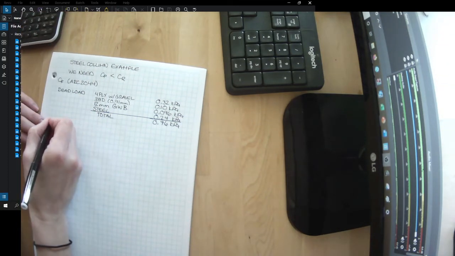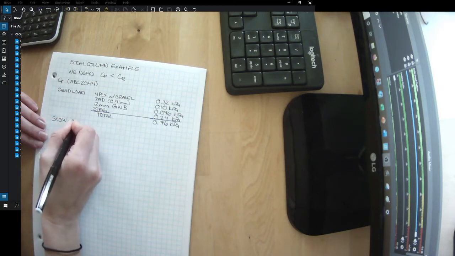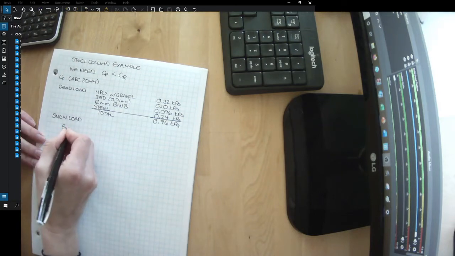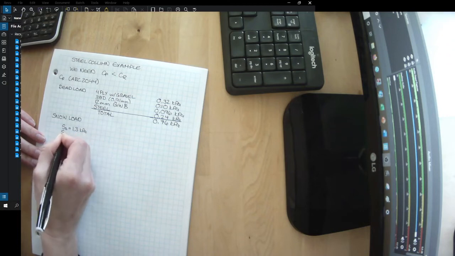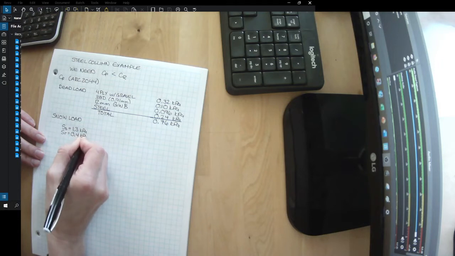The other thing we need is the snow load. They gave us that SS equals 1.3 kPa and SR equals 0.4 kPa.